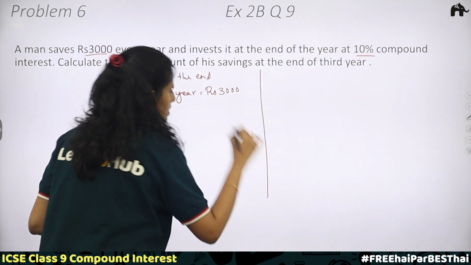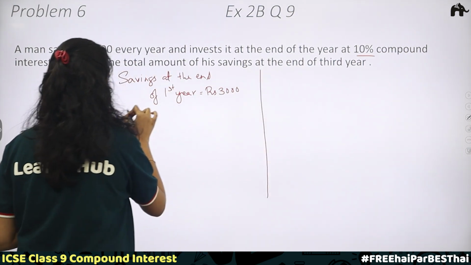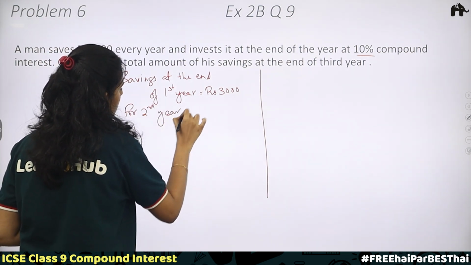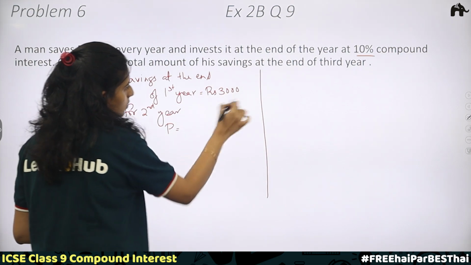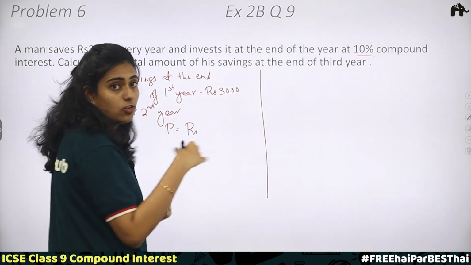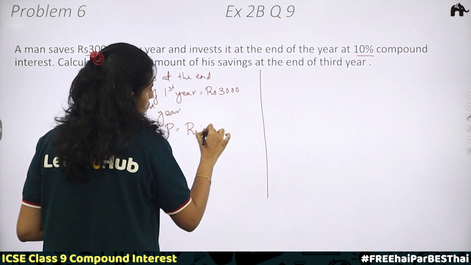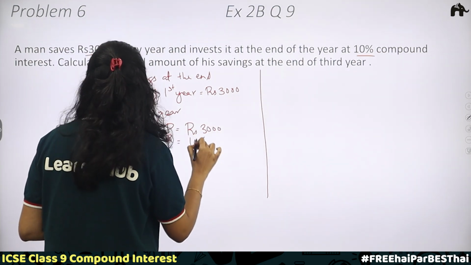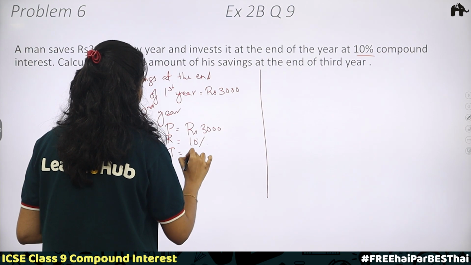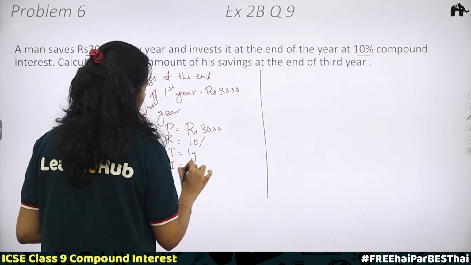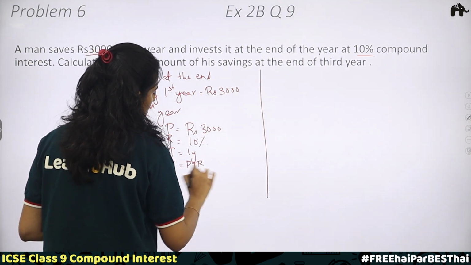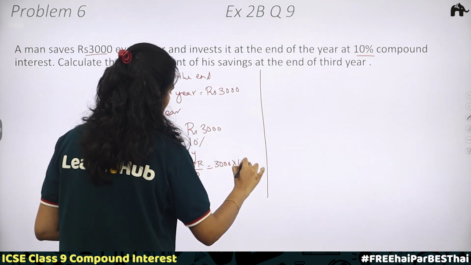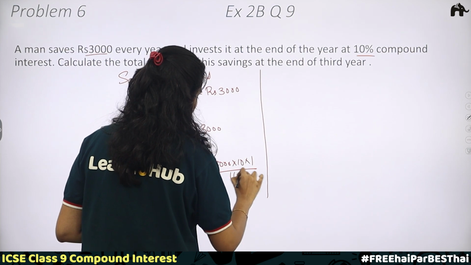This 3000 he is going to invest for the second year. So, for second year, what will be the principal? Principal will be equal to this amount that he saved for first year. That is rupees 3000. What is the rate of interest? Here the rate of interest is 10%. Time will be 1 year. Then the interest will be equal to PTR by 100, which is 3000 into 10 into 1 by 100.